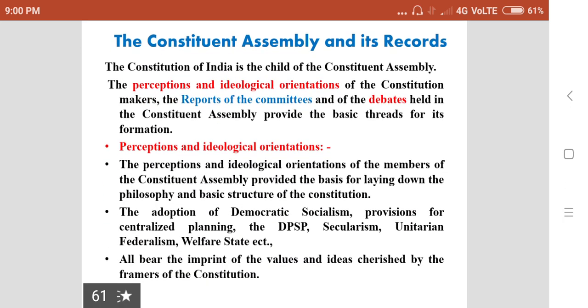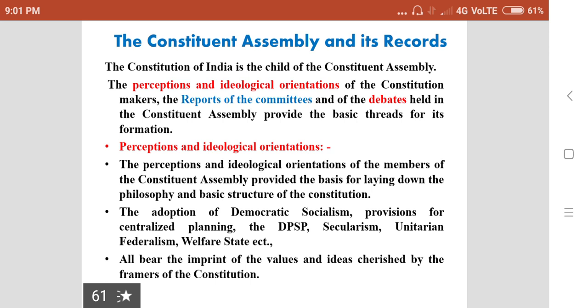Then another source of the Constitution of India is the Constituent Assembly and its records. The Constitution of India is the child of the Constituent Assembly. The perceptions and ideological orientation of the constitution makers, the reports of the committees and of the debates held in the Constituent Assembly provide the basic threads for its formation.